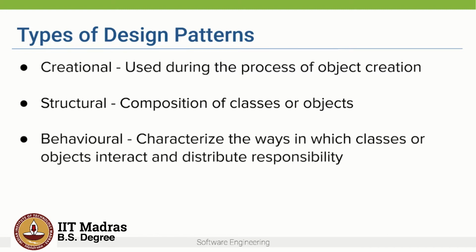And the third type of design patterns are known as behavioral design patterns. These patterns ensure that there is effective communication between objects and classes, as well as ensure that the responsibilities between objects are distributed properly. We will be looking at examples of each of these types of design patterns.